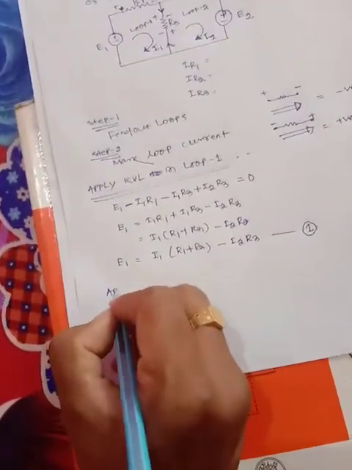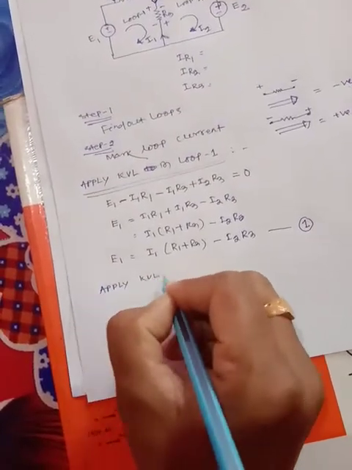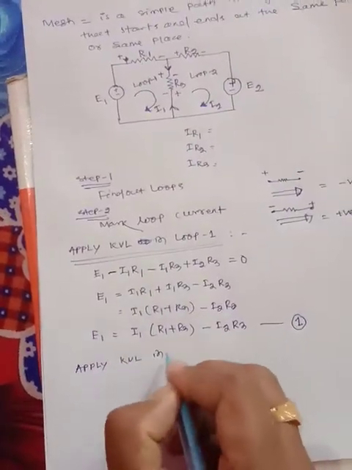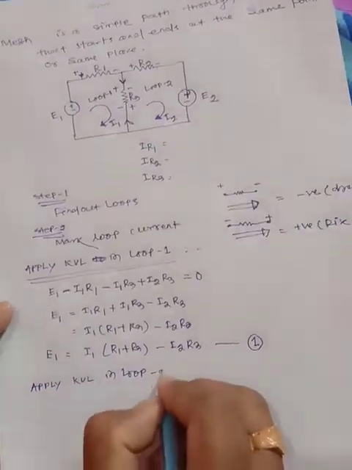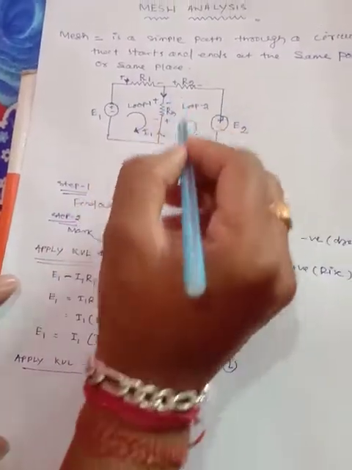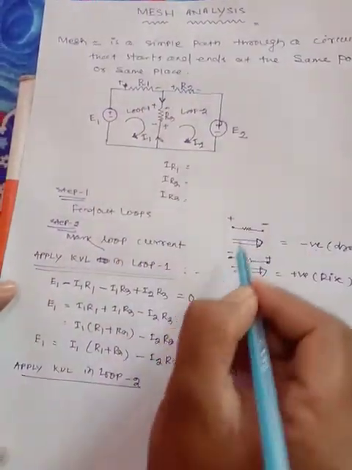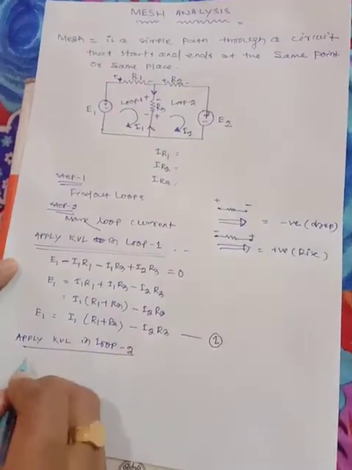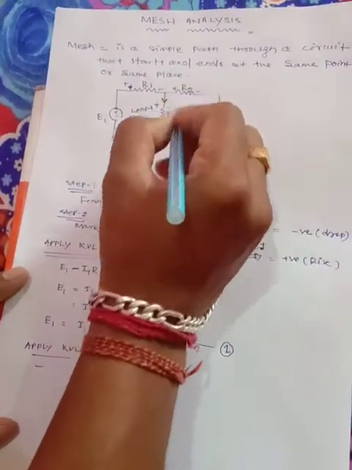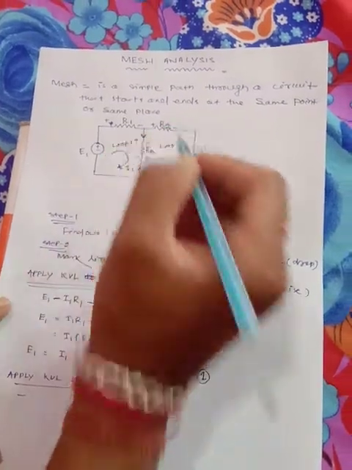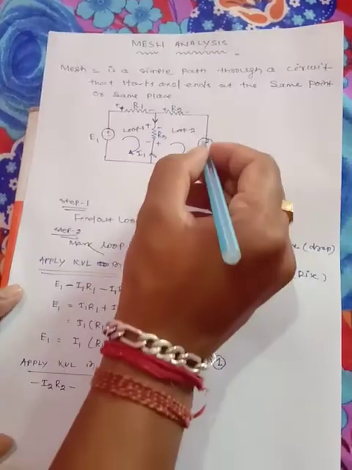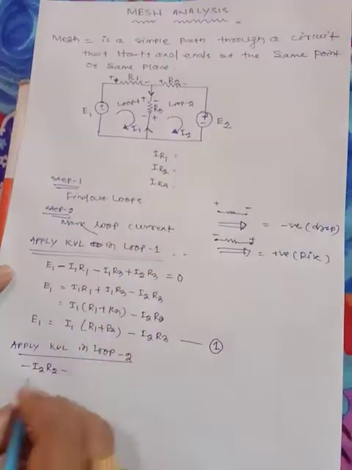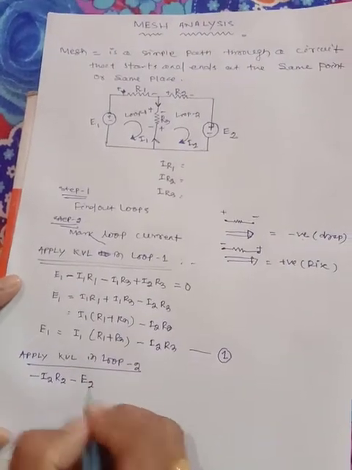Now apply KVL in loop 2. Here is loop 2. Current flowing from positive to negative gives a negative value. Here is a single current, no double current, that is I2 current: I2 R2. Then positive to negative, the fixed polarity of the battery source, so minus E2.